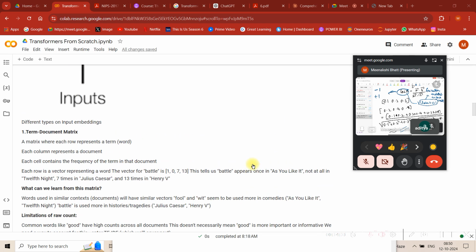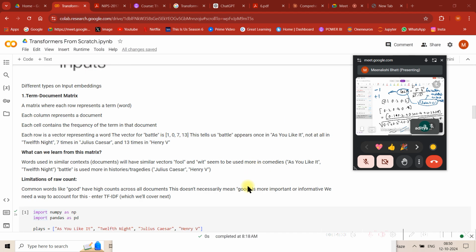But again guys, this is not a good method. It is a very brute force method. It's just counting, and counting is the bare minimum anyone can do. Moreover, there are a few common words. Like this example says, good is a common word and can occur in any sense. Let's say you're writing a painful satire and you use the word good many times.